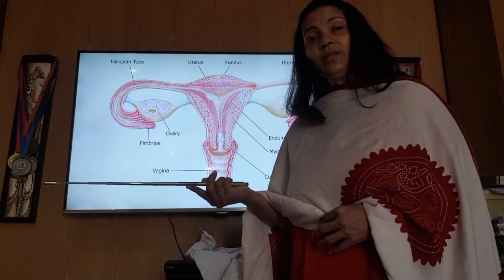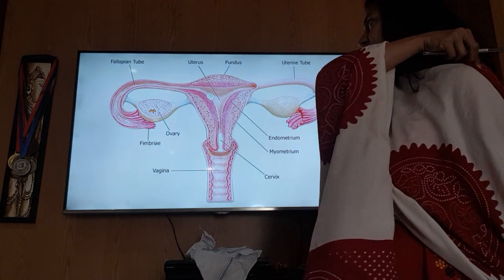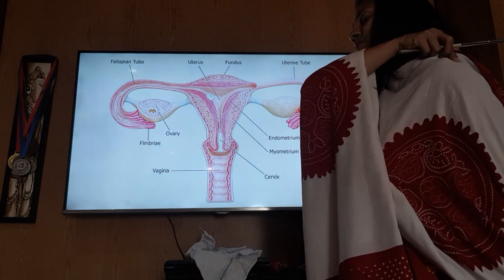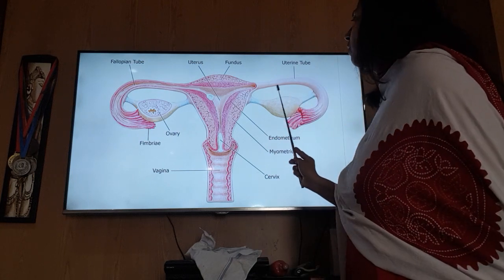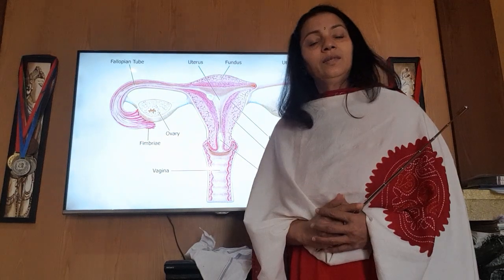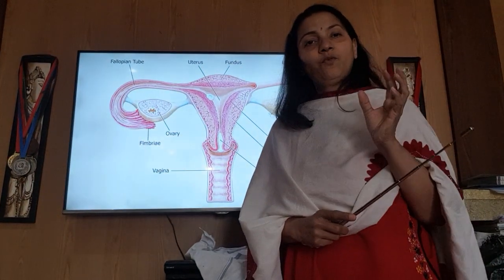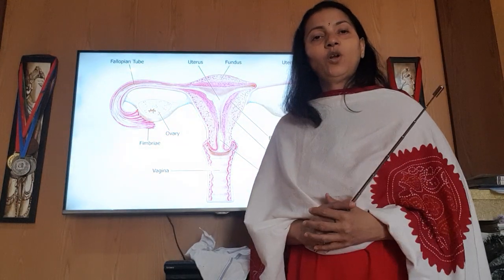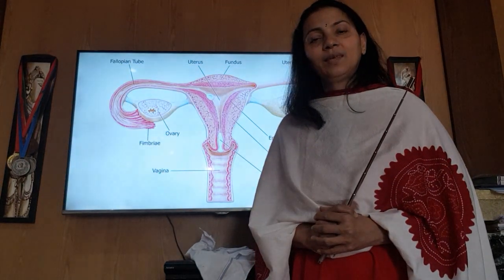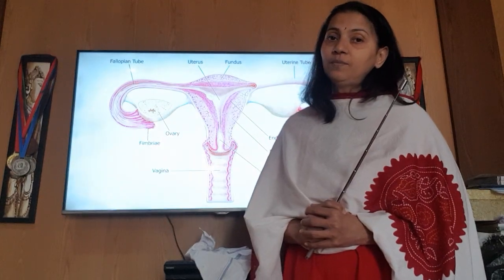And it is vice versa also. The uterus is mainly supplied by the uterine artery, but it is also supplied by some branches of the ovarian artery. Now the venous drainage. The veins which come out from the ovary form a plexus, called the pampiniform plexus, which joins together to form a vein called the ovarian vein.